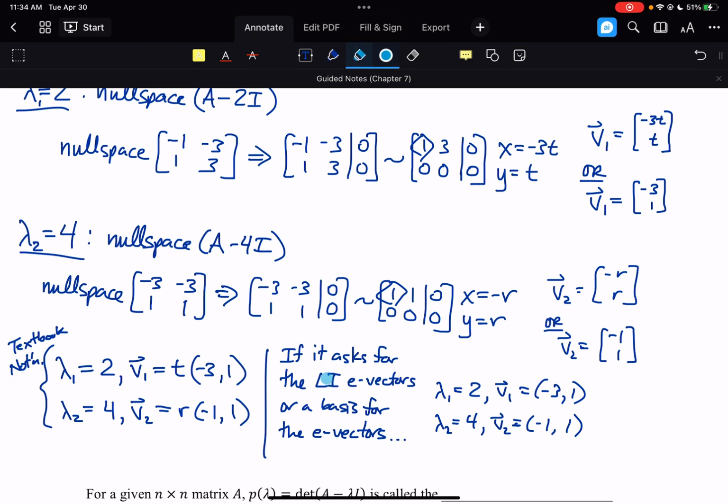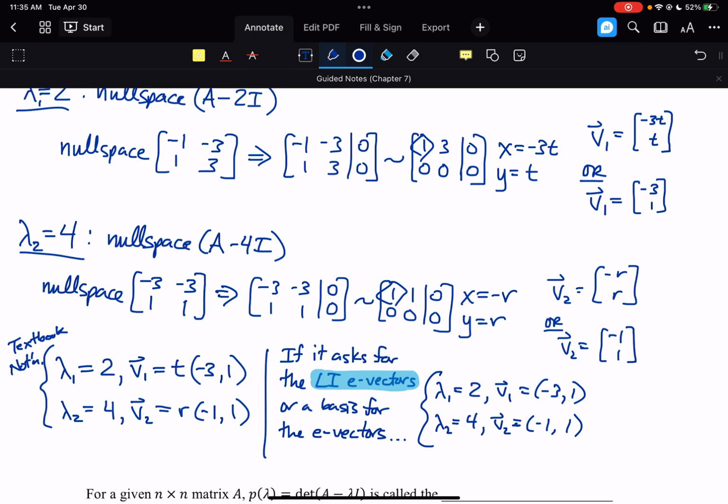You'll see a lot of questions will ask us for the linearly independent eigenvectors because a lot of them do have that free variable involved. Some of them will have multiple free variables, so you're splitting up into multiple vectors. But this would be kind of that general form as well. So this is another alternative. And of course, if you're looking for a basis, the free variable comes out every time.